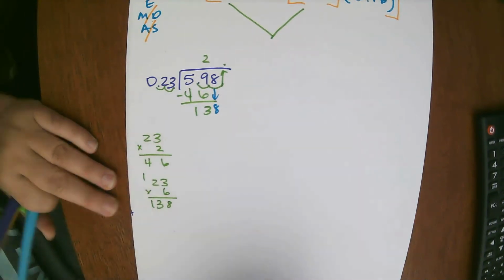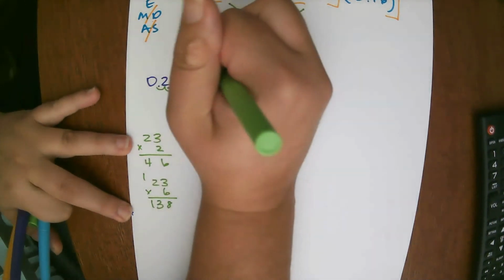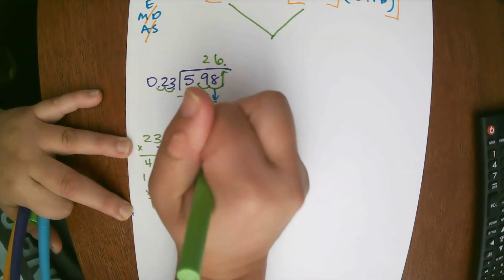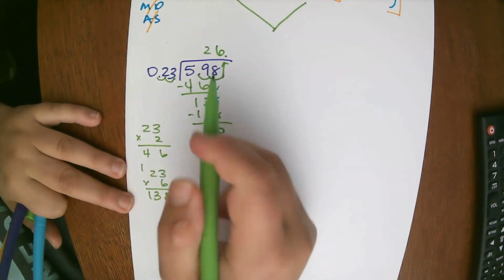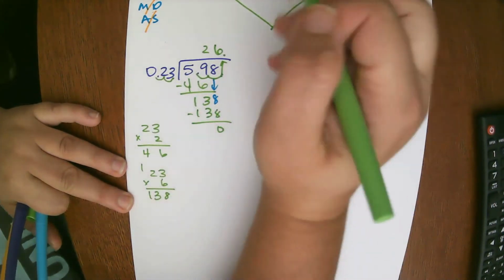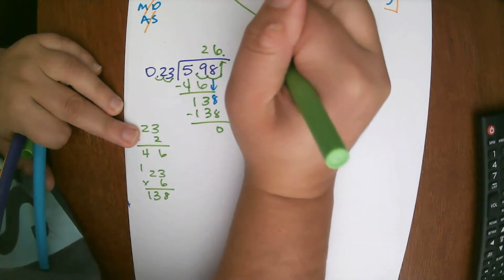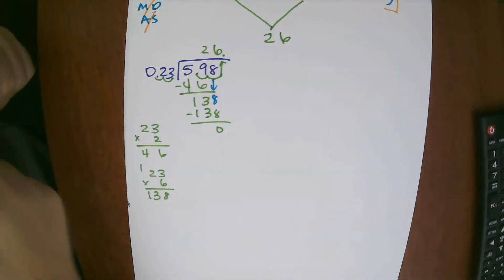So you want to try 6 times. Let's see if that comes close. 6 times 3 is 18. 6 times 2 is 12, plus 1 is 13. Ah, that's perfect. 138. Cool, so it goes in. There you go, 6. 23 times 6 is 138. Subtract. So your answer is 26.